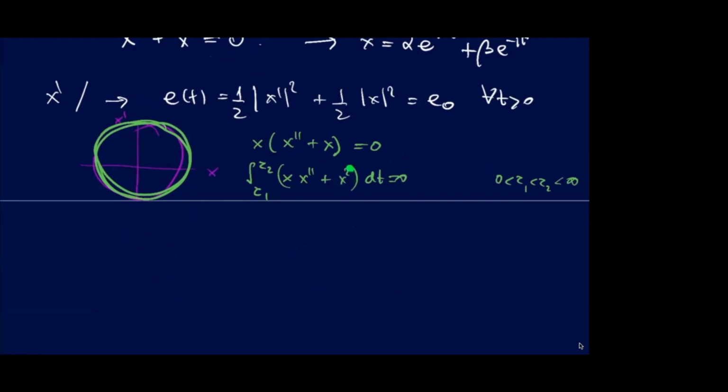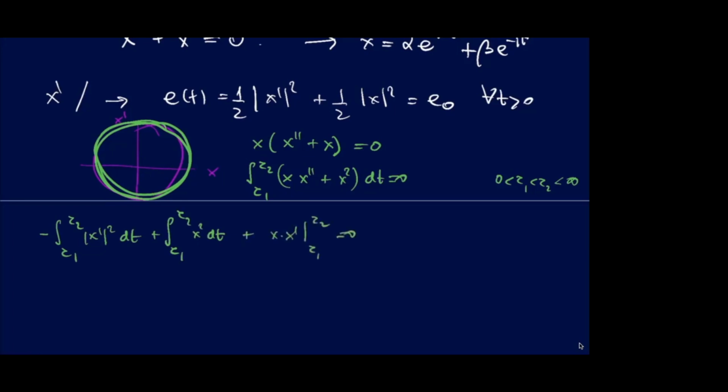Well, so here I have the potential energy. This is a non-symmetric term, x double prime, but I can make the kinetic energy emerge here very easily, integrating once in time. So when I integrate once in time, I will have the integral from tau 1 to tau 2 of x prime squared dt plus the integral from tau 1 to tau 2 of x squared dt plus the product of x prime and x between tau 1 and tau 2, right?